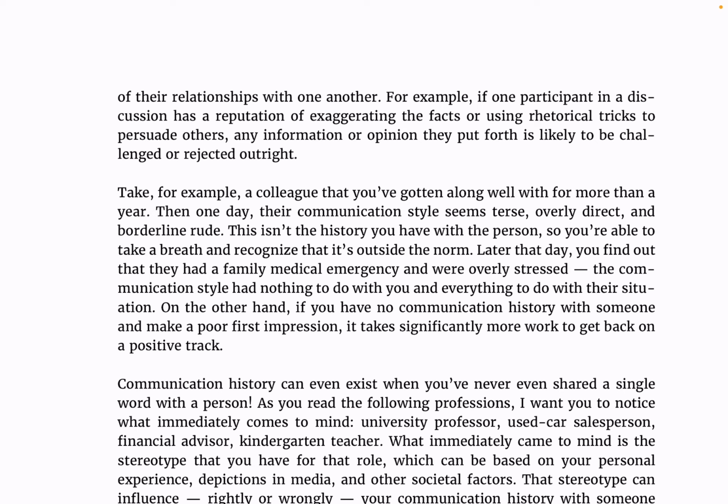Later that day, you find out that they had a family medical emergency and were overly stressed. The communication style had nothing to do with you and everything to do with the situation. On the other hand, if you have no communication history with someone and make a poor first impression, it takes significantly more work to get back on a positive track.